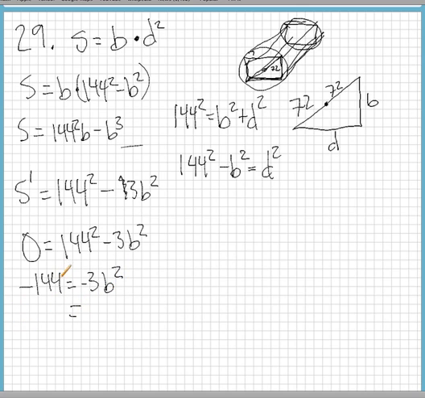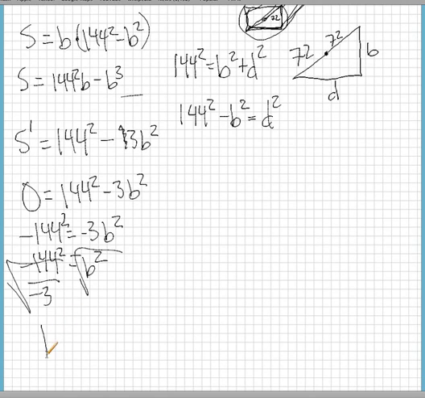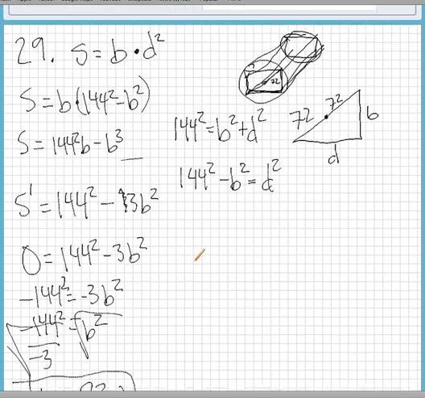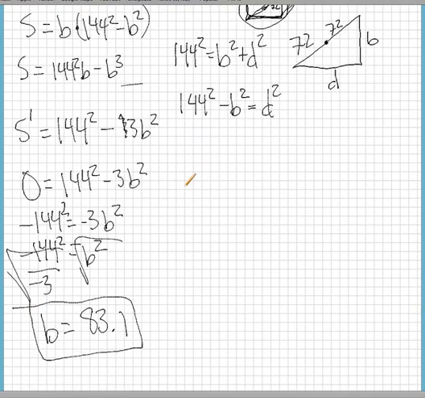And then you divide it by negative 3. You square root both sides. And we finally get b equals, if we plug that into our calculator, 83.1. So that's our breadth, where the strength is going to be maximized. It's going to be the strongest.